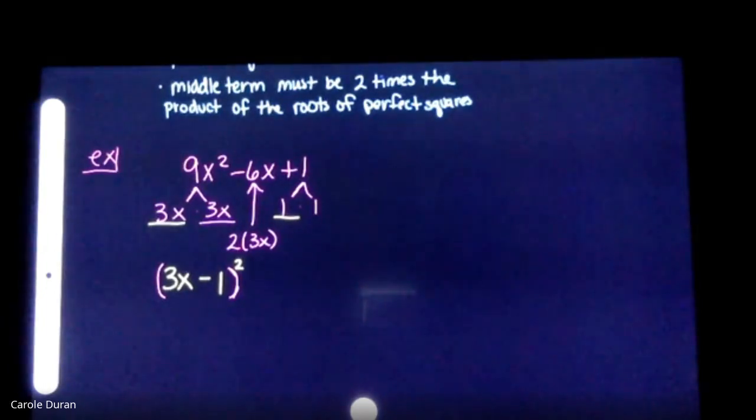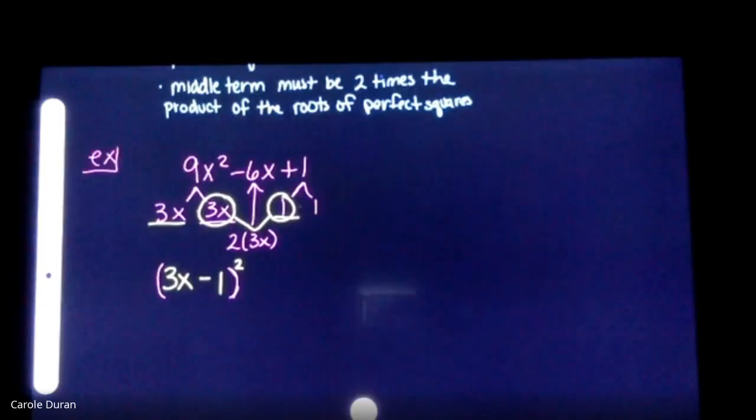Hey, I got a quick question. Yeah, what's your question? For the middle term, you just need to multiply the roots of the first and the last, and then once you have that, you multiply it by 2.